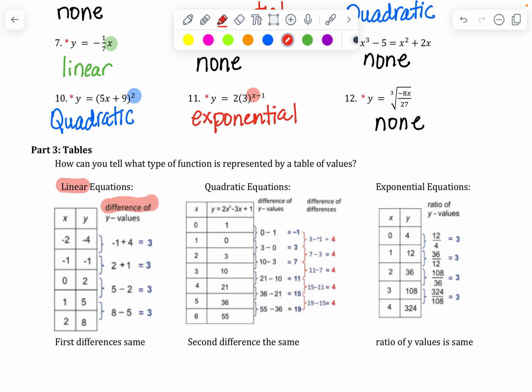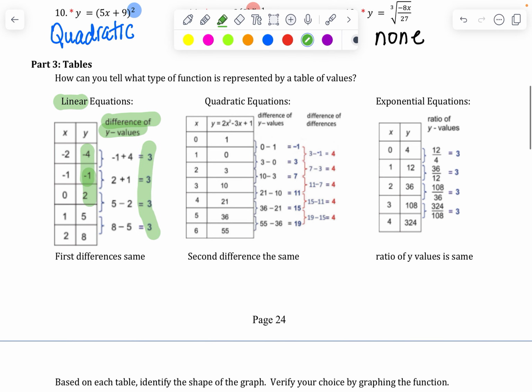But if you now take the difference of these, in other words, 3 minus a -1 is a 4, and keep going, you're going to get the same thing once you take the difference of those differences. So that makes it quadratic when you find differences.